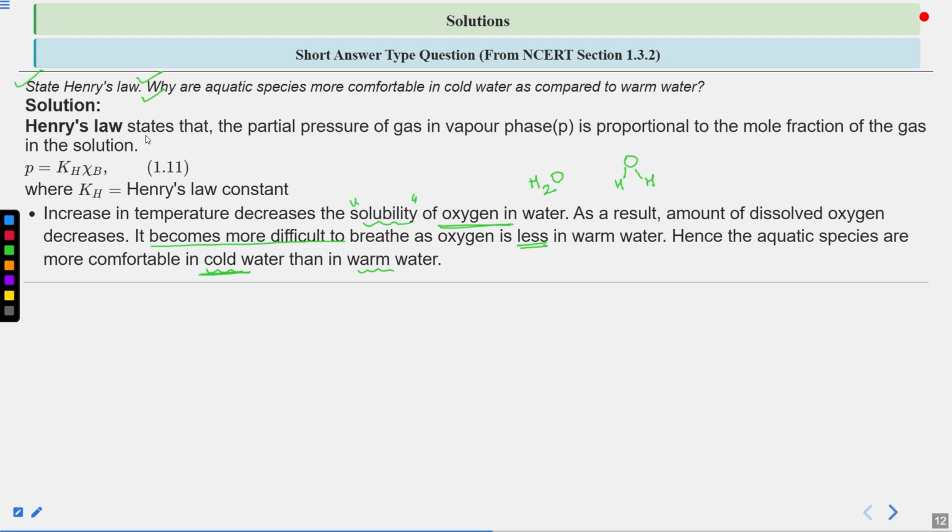In this question we have used Henry's law, Henry's constant, vapour pressure, and the concept of oxygen solubility, and why aquatic species are comfortable in the cold water. Okay, so let's move on to our next question.